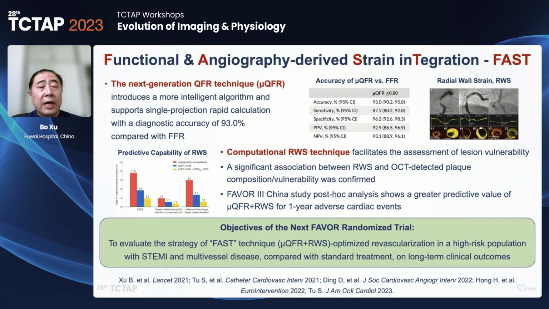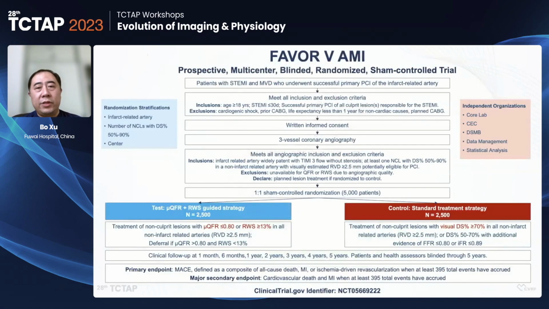So the objective of our next phase randomized trial is to evaluate the strategy of the FAST technique, muQFR plus RWS, optimized revascularization in a high-risk population with STEMI and multivessel disease, compared with standard treatment on long-term clinical outcome. This is the overall design of the FAVOR V AMI randomized trial.